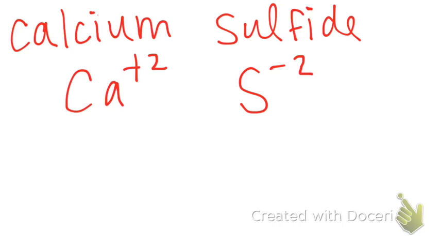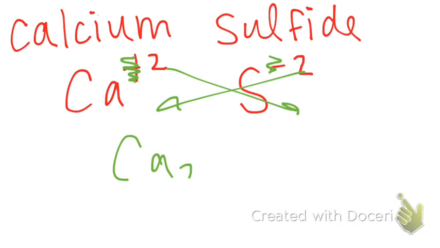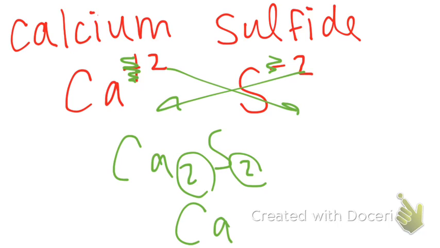Do you see, I want you to look at a couple things. Sometimes we get so caught up in doing the crisscross method that we'll miss something easy. Don't the +2 and the -2 just go together automatically? So if we do the crisscross method, which is perfectly fine, we have to remember one thing. We ignore these, crisscross them down, Ca2S2. These can be reduced to just be CaS.